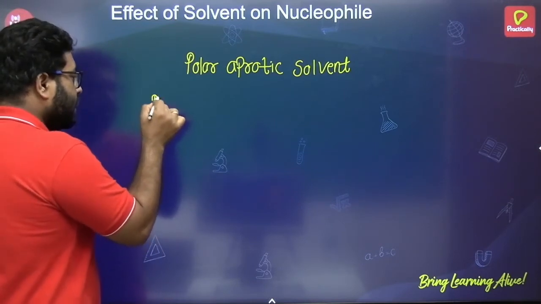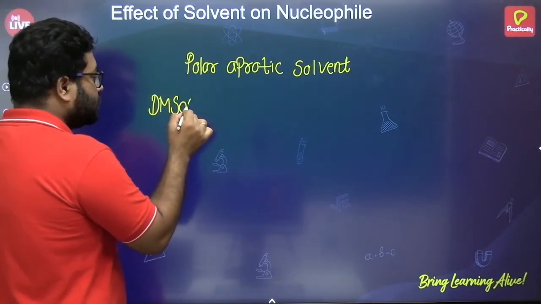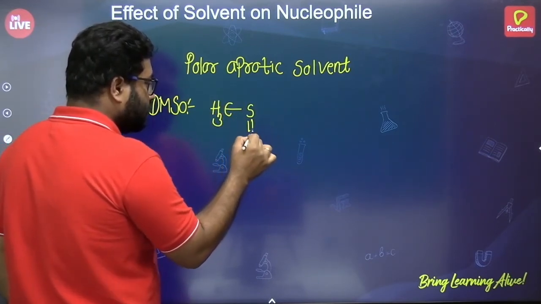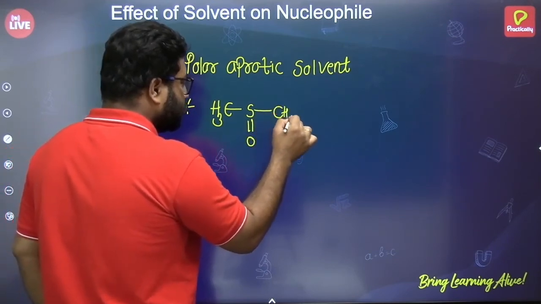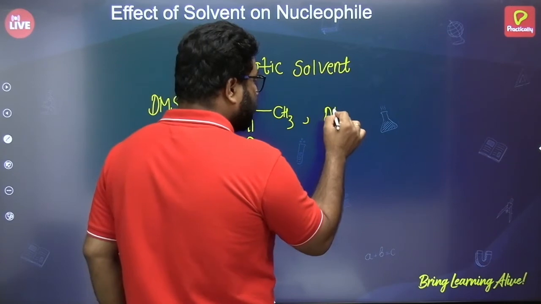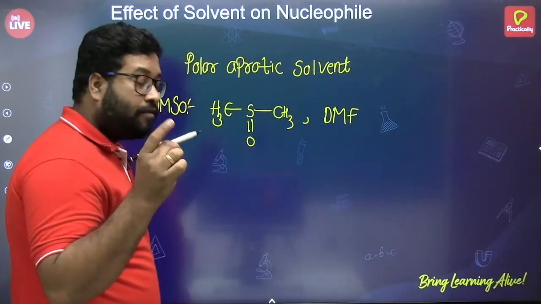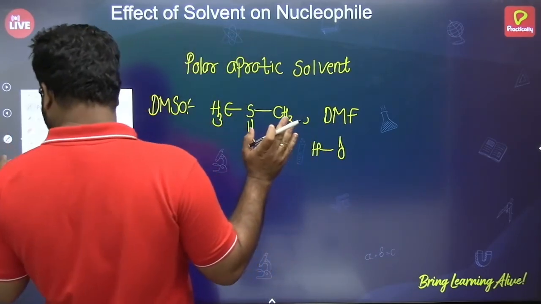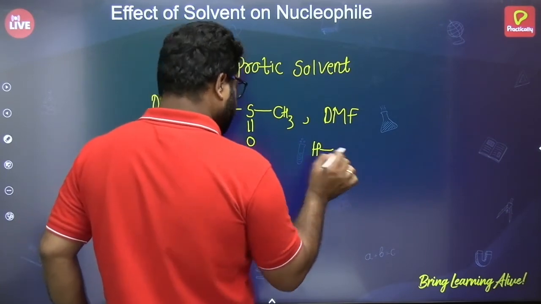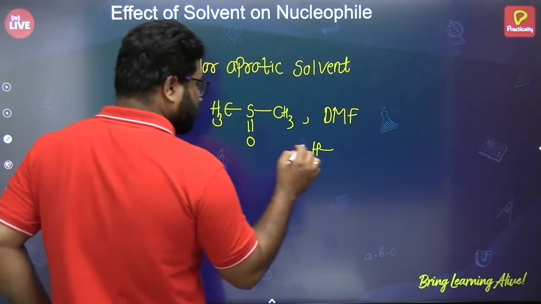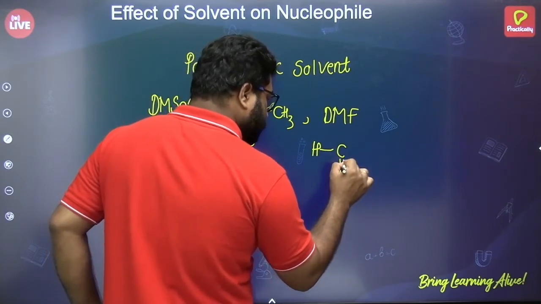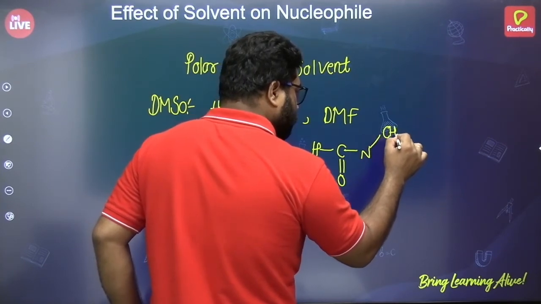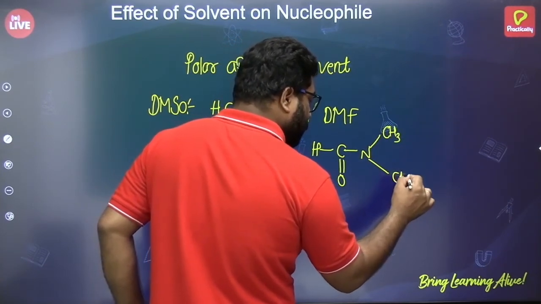For example, DMSO, dimethyl sulfoxide. It looks like this: CH3, S double bond O, CH3. Then you have DMF, dimethyl formamide: HCO, with N, CH3 and CH3.